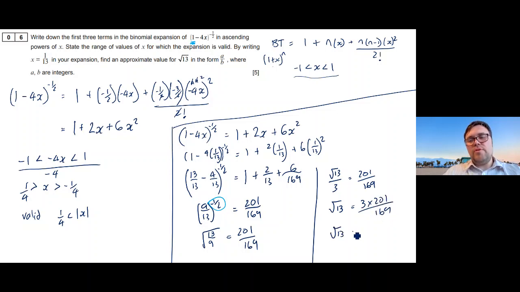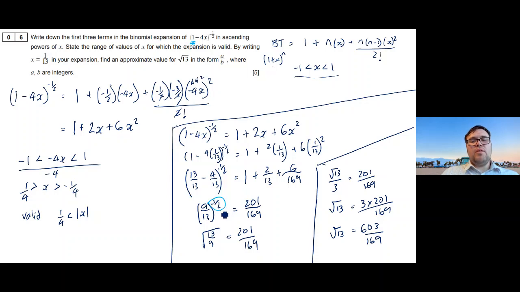The square root of 13 is equal to 603 over 169. So you have then given your root 13 in terms of a over b, where a and b are both integers. The answer is done.